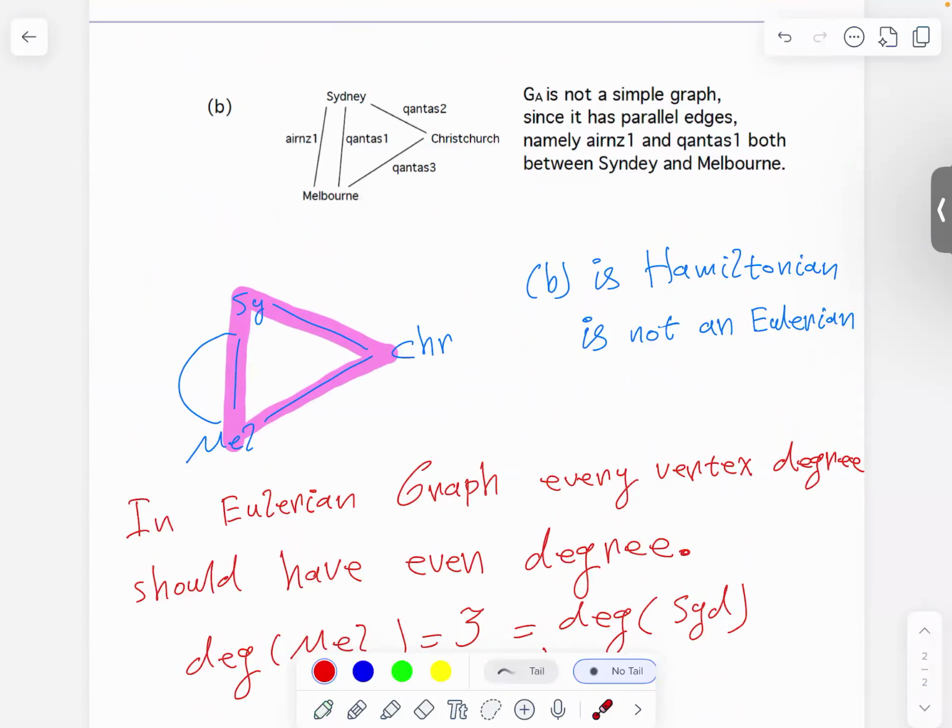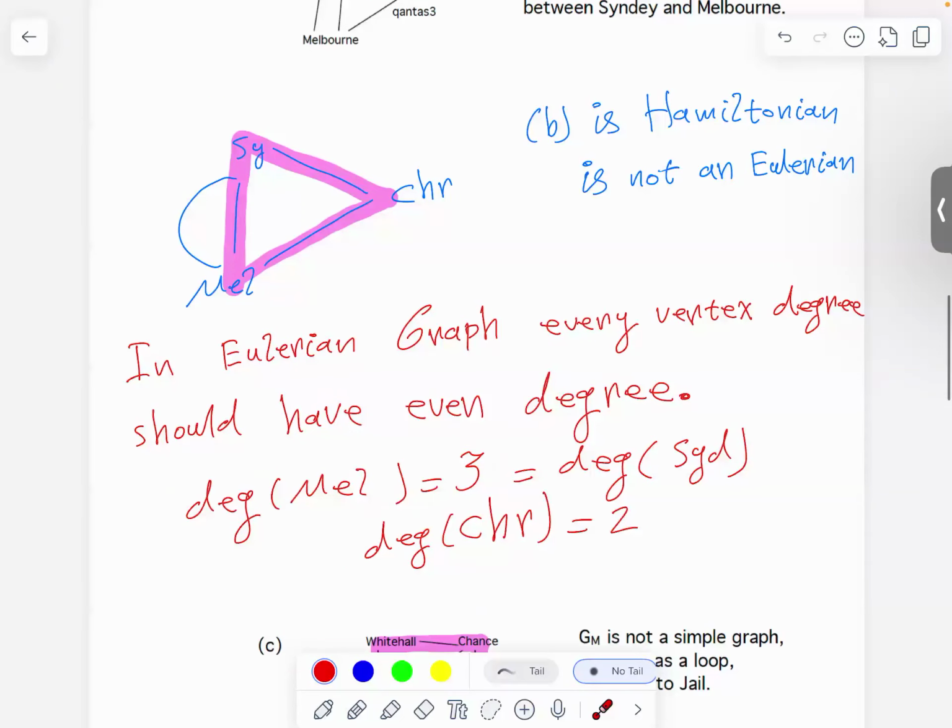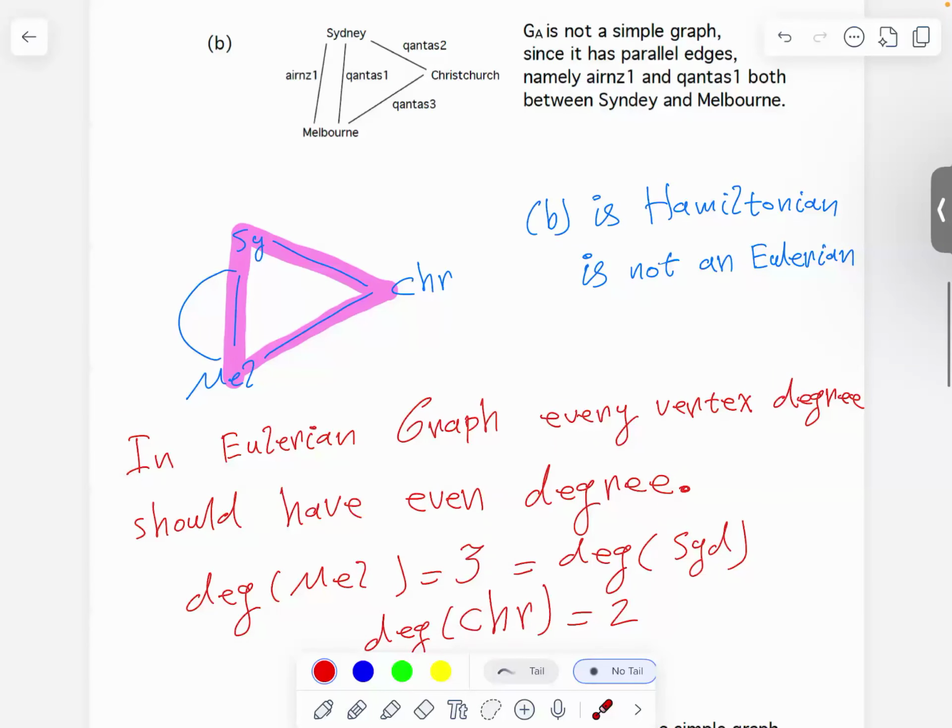What about this guy? Since it has a Hamiltonian cycle, it can be counted as a Hamiltonian path as well. You just don't need to go to the end. Starting from here, it's a Hamiltonian path and that's enough. But for the degrees, this guy, degree Melbourne 3 and Sydney.